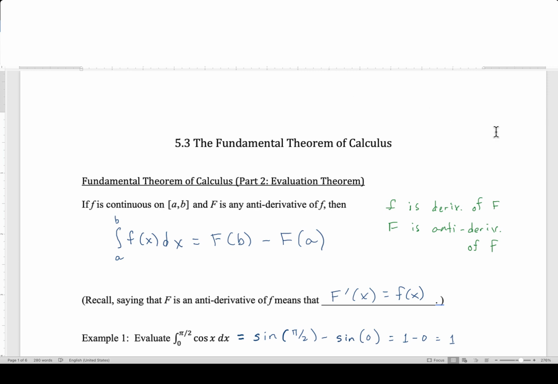And then in section 5.3, we got the very powerful fundamental theorem of calculus that told us that to evaluate this definite integral, we did not have to actually compute the limit of a sum as n goes to infinity. We could instead use antiderivatives. We would like to turn our approximation of the average of the function value into a definite integral to take advantage of this powerful calculation technique known as the fundamental theorem of calculus.